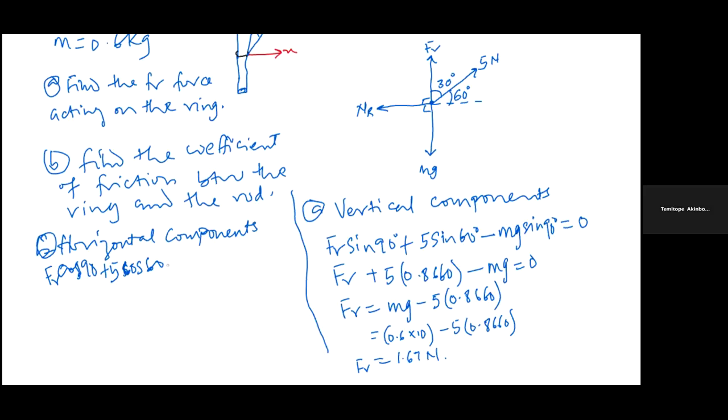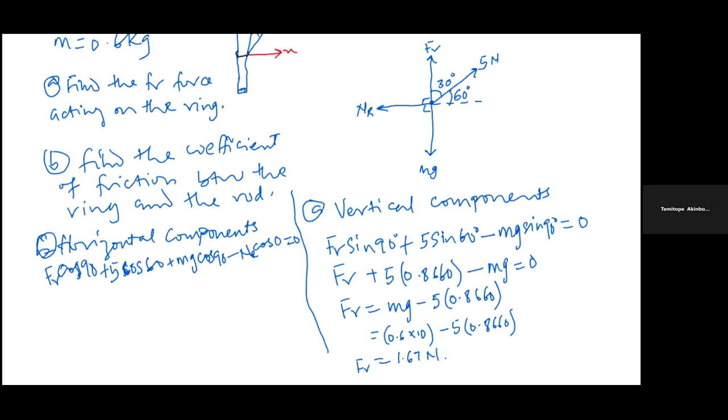Then let's go to mg: plus mg cos 90, because it's also perpendicular to the x-axis, minus NR. NR is in the negative x-axis, so NR cos 0, because it's parallel to the x-axis. And because the system is in equilibrium, everything equals 0. Now, cos 90 is 0, this will go.